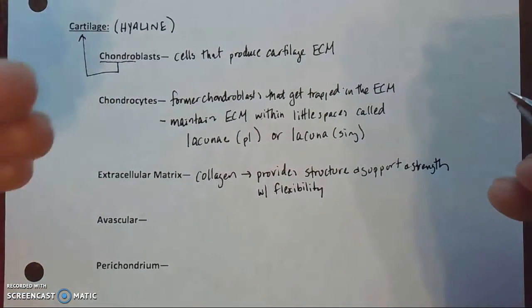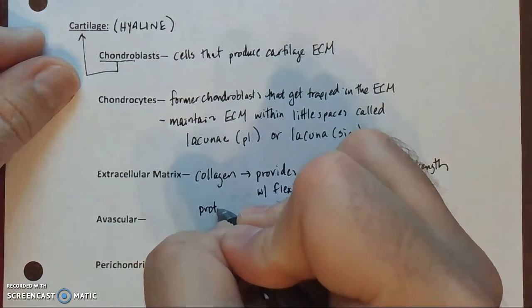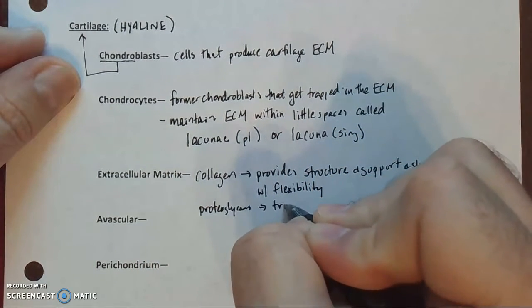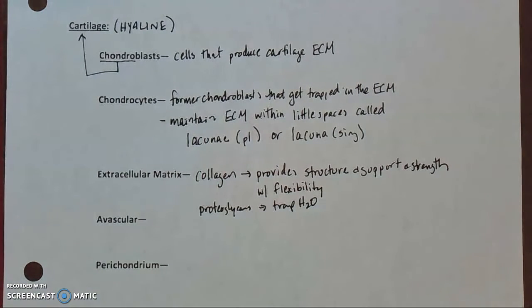And we have those proteoglycans again that trap water. So cartilage is very rich with water trapped, almost like a diaper would trap water in it. Those proteoglycans gel it up a little bit.